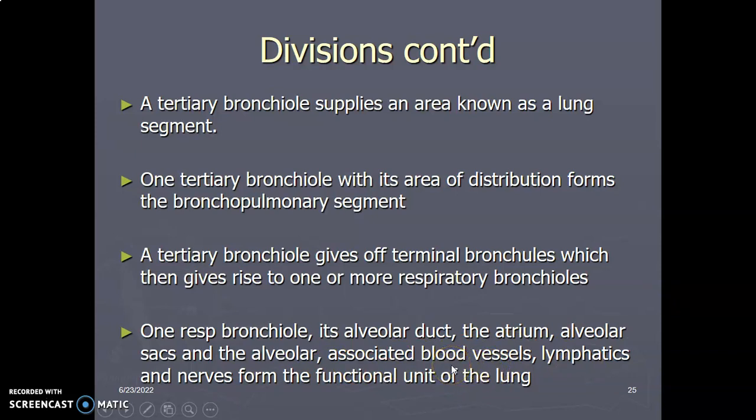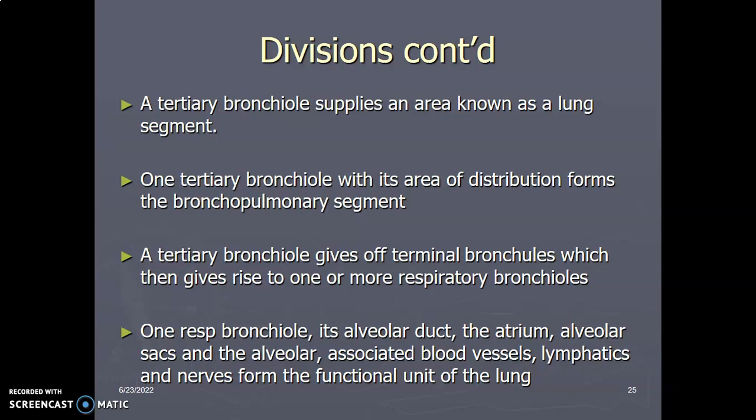So, nasal cavity to pharynx, larynx, trachea, primary bronchus on each lung, right and left, secondary bronchus on each lobe, 3 on the right, 2 on the left, then tertiary bronchus to each bronchopulmonary segment.